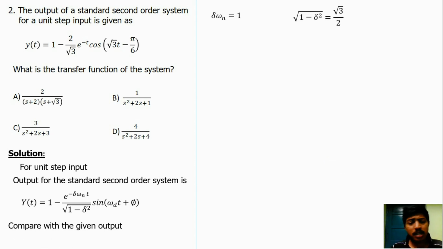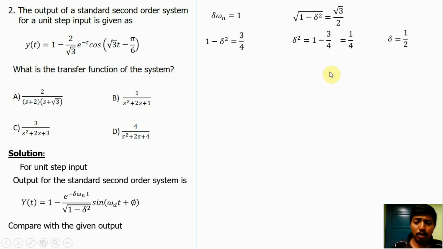Square on both sides, so we will get 1 minus del square is equal to 3 by 4. Then further simplifying, we will get del square is 1 by 4, del is equal to 1 by 2. Damping ratio is known. Now find omega n from this equation. So omega n is equal to 1 by del. Substitute here, we will get omega n is equal to 2 inverse seconds.